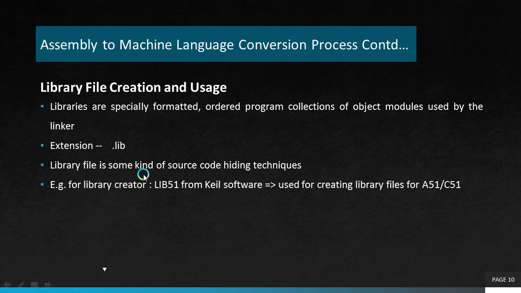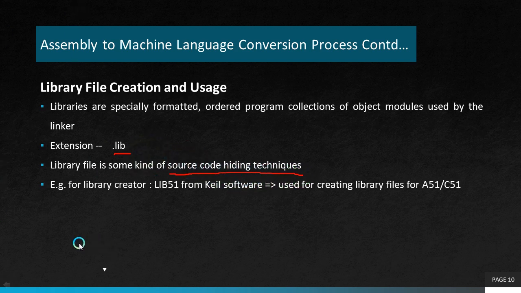The next step is library file creation and usage. Libraries are specially formatted, ordered program collections of object modules used by the linker. They are generated with extension .lib. The major advantage is that a library file can be used as a kind of source code hiding technique.